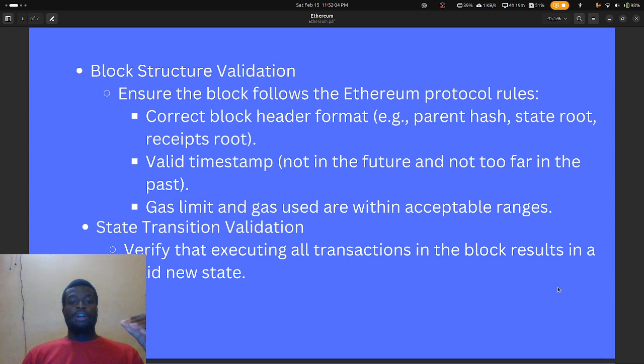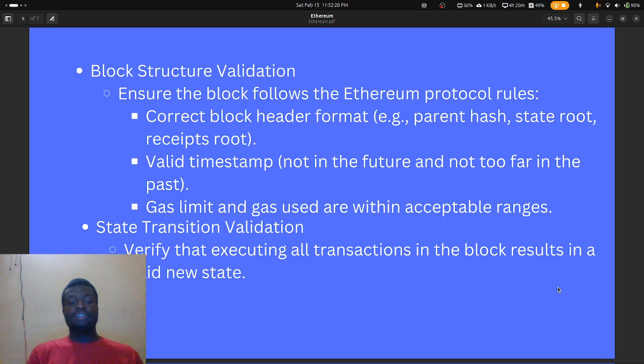So with that being said, we look at state transition. As we all know, Ethereum is a state transition machine. What I mean by that is whenever a block is being added to the Ethereum blockchain, it changes state.